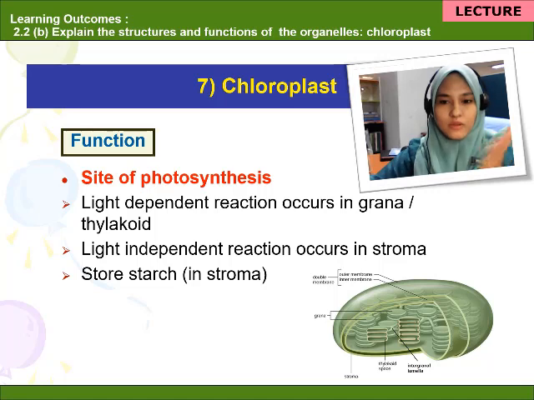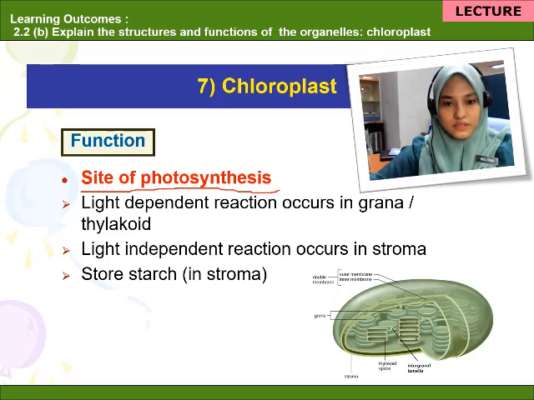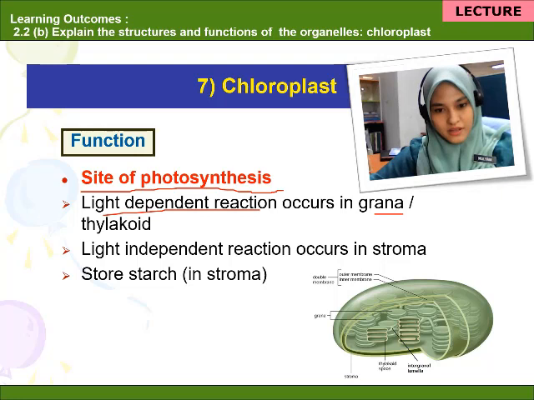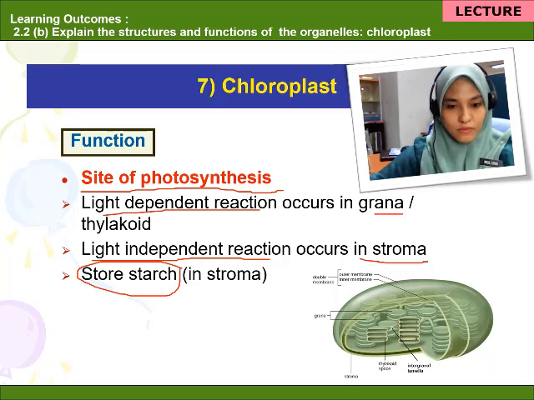After we have observed the structure of the chloroplast, we now have to see its function. The chloroplast mainly functions as the site of photosynthesis, where the light-dependent reaction occurs in the grana, and the light-independent reaction occurs in the stroma. The chloroplast also stores the food of the plant in the form of starch, which is stored in the stroma.